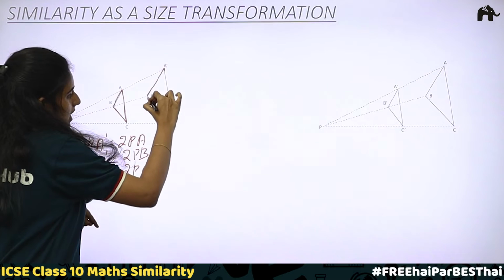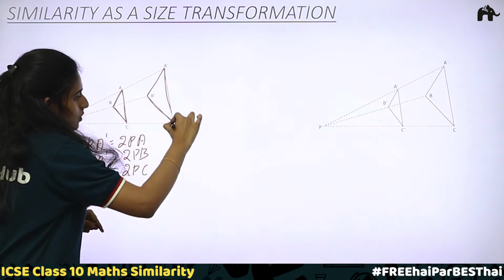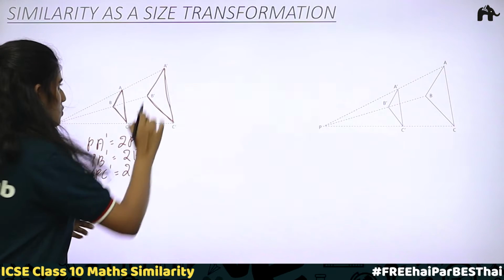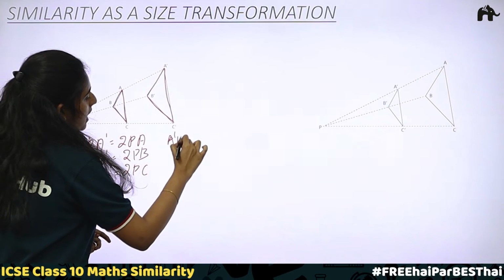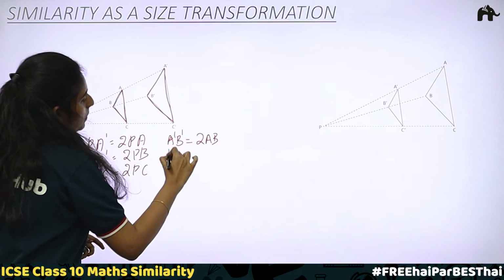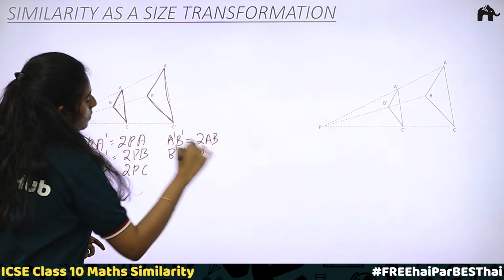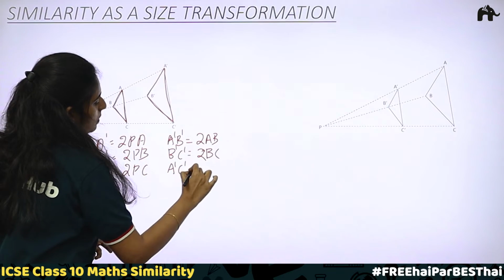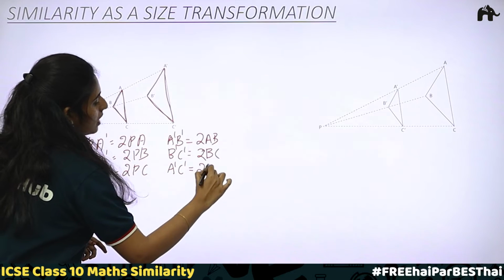So, this is the enlarged triangle. Now, when you compare the corresponding sides, you will be getting A dash B dash equal to 2 times AB, B dash C dash equal to 2 times BC, and A dash C dash equal to 2 times AC.